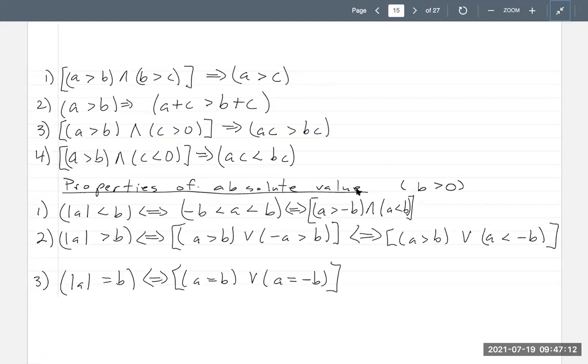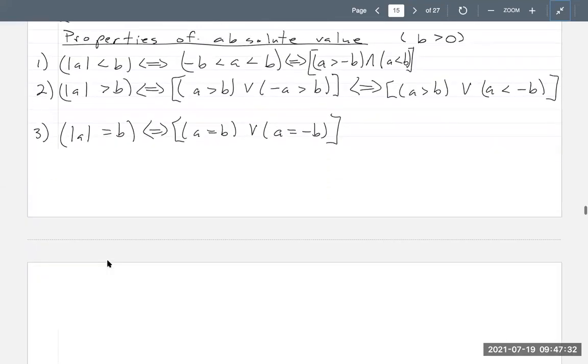Let me give you some properties of absolute value. Assume here that B is greater than 0, so I can write these easily.